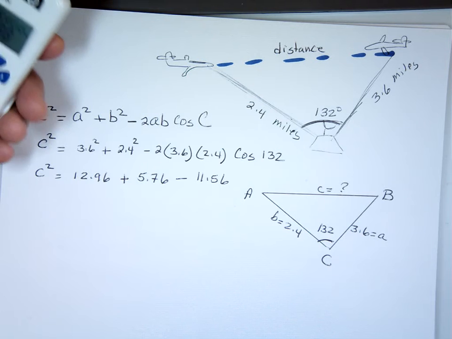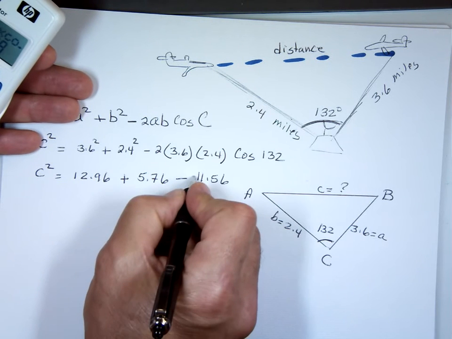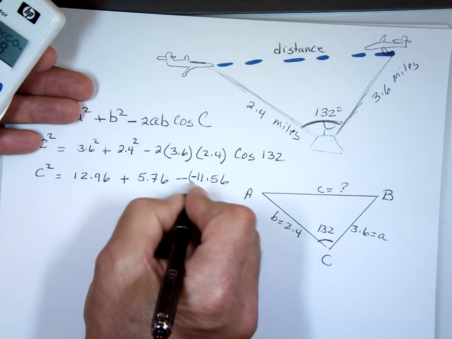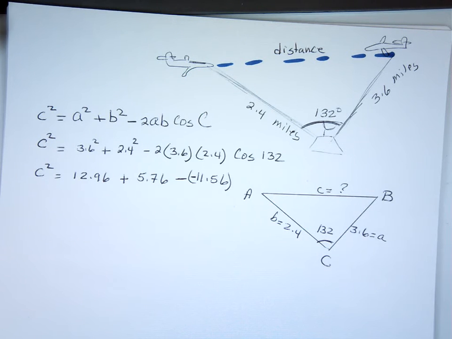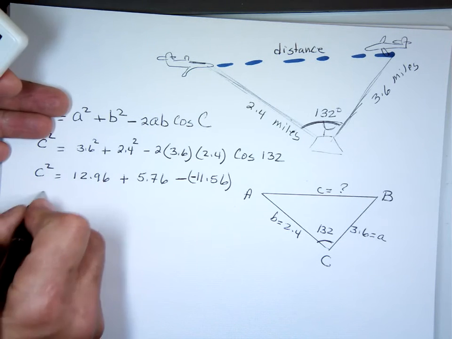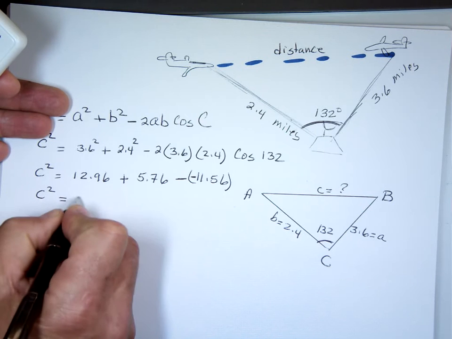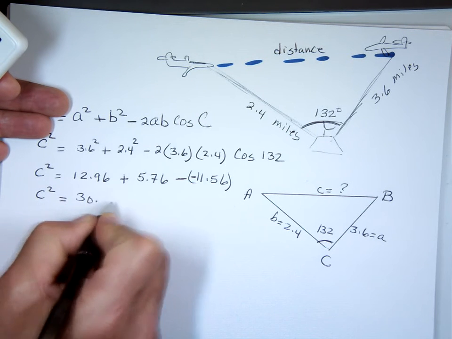So let's add the minus a minus here. That'll make it a plus. So here we go, 12.96 plus 5.76 minus that number, and you got C squared equals what? 30.28.